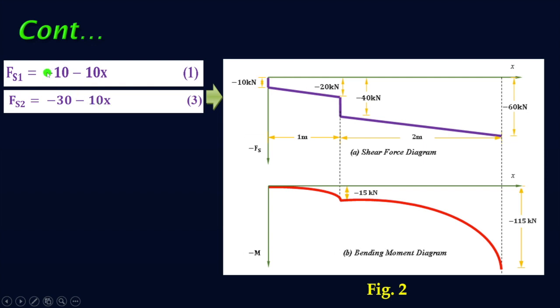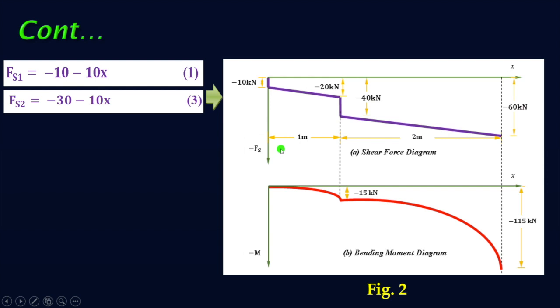Only difference is the initial value: here it is minus 10, whereas this is minus 30, so 10 plus 30 gives 40. And we also have determined this value equals 60, means at x equals 3 it is 60.